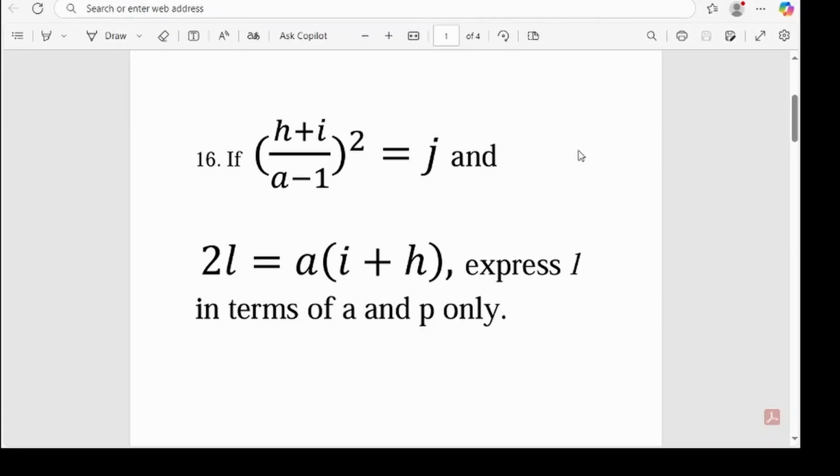So in this series 16, the question for today is: if ((h + i)/(h - 1))² = j, and 2l = a(i + h), express l in terms of a and j.